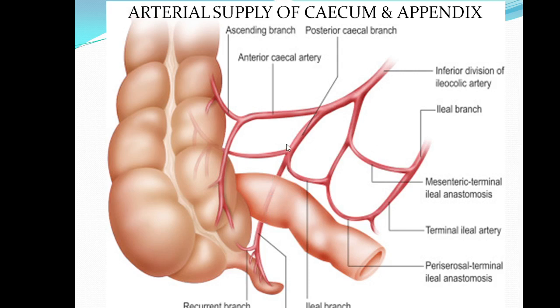The posterior cecal branch gives the appendicular artery, which near the base gives a recurrent branch, which anastomoses with the posterior cecal artery, and the main branch, you can see, runs in the mesoappendix to reach the apex of the appendix.